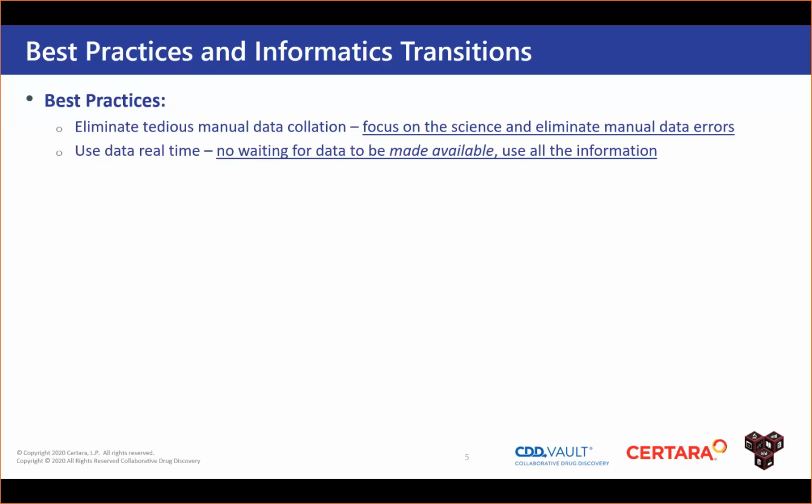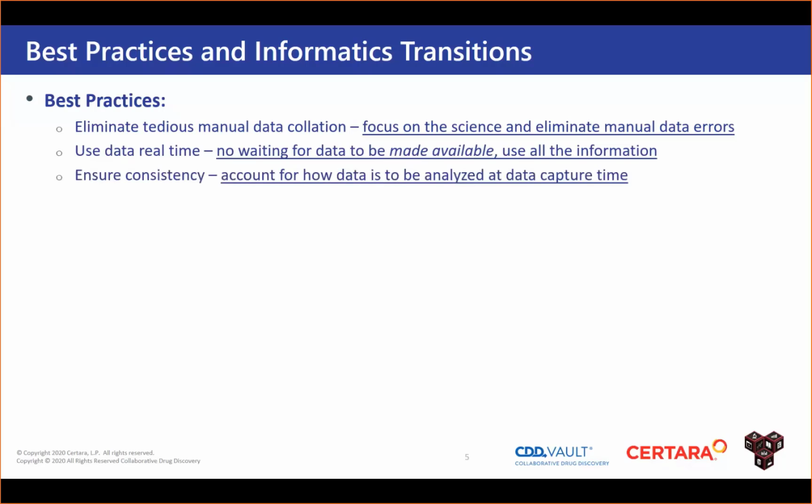But what we've seen in those older systems, especially Excel, or when the original systems were perhaps not as efficient as they could be, then the data could not be used real time all the time. And that means you're making decisions when you know compounds have been tested, but the data is not accessible easily enough to take advantage of it.